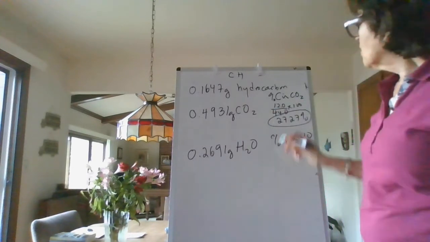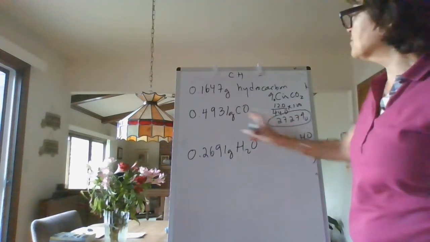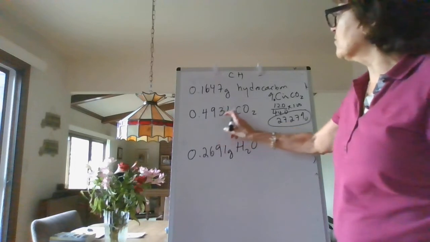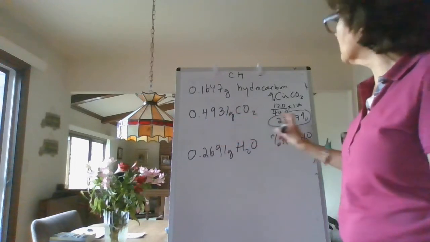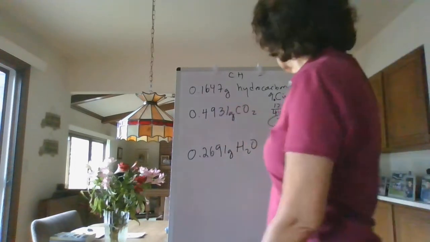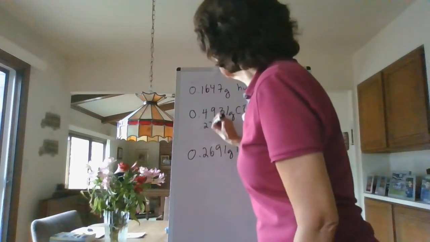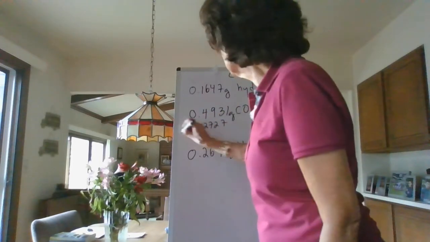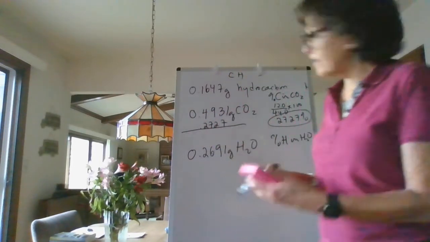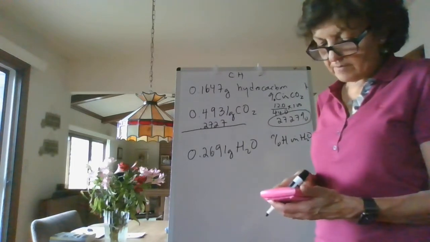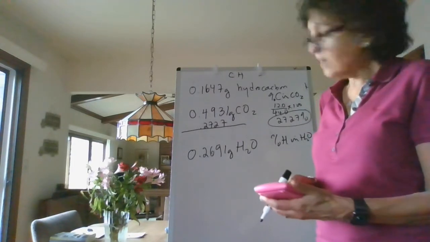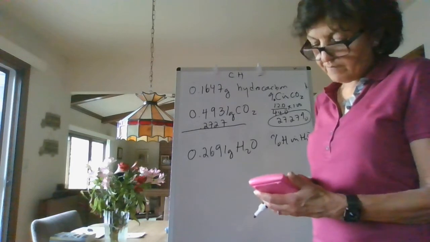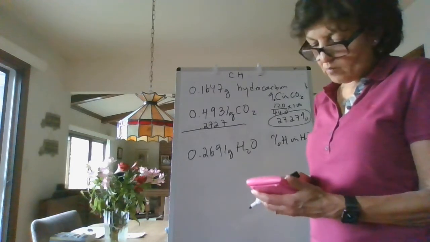All right. So 27.27% of the 0.4931 grams of carbon dioxide is carbon. So I'm going to take 0.2727 and multiply, so 0.2727 times 0.4931.